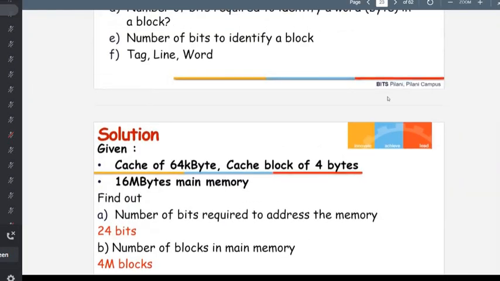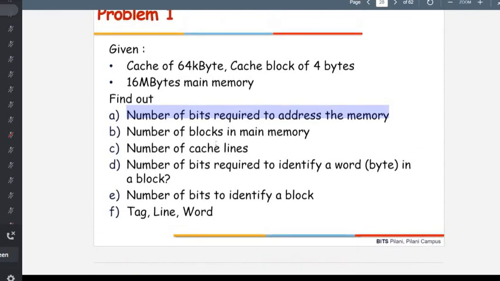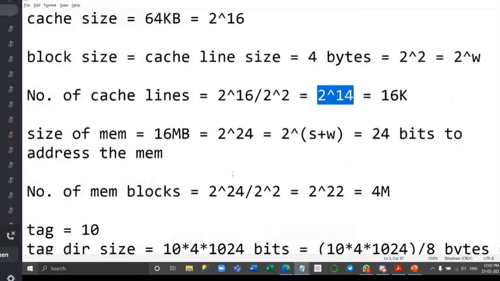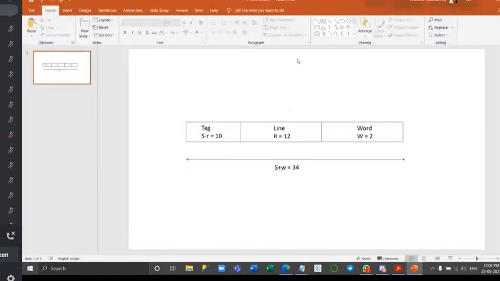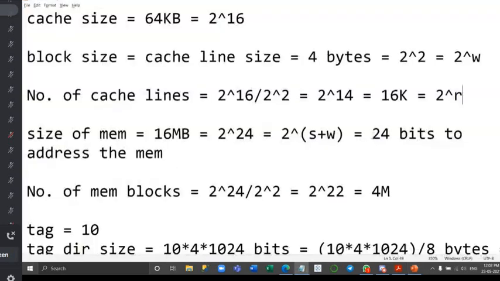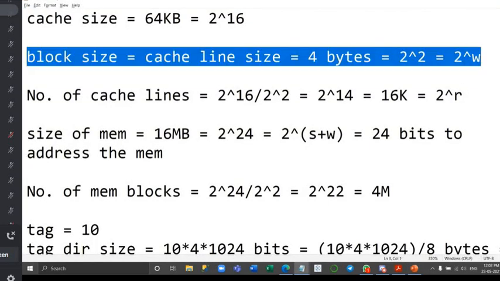Next, we have to find the number of bits required to identify a word in the block, so we need to find W. The block size is equal to 2 to the power W. The 4 bytes is equal to 2 to the power W, so W becomes 2.